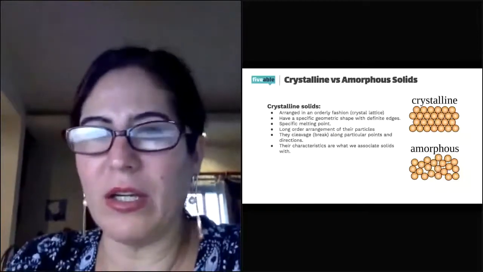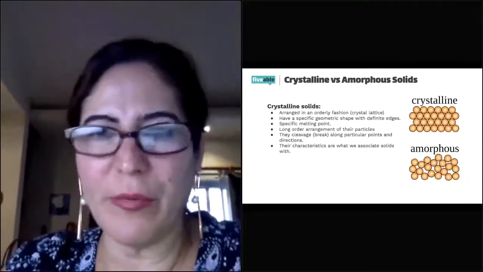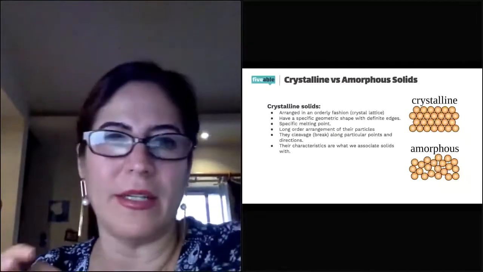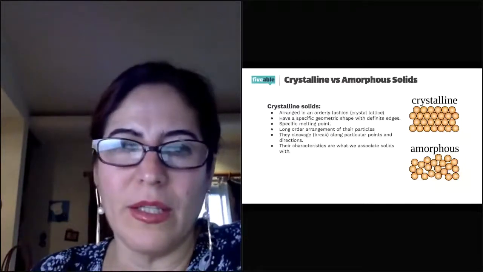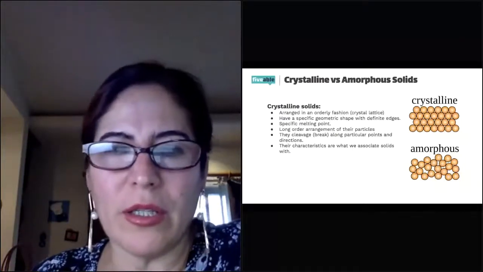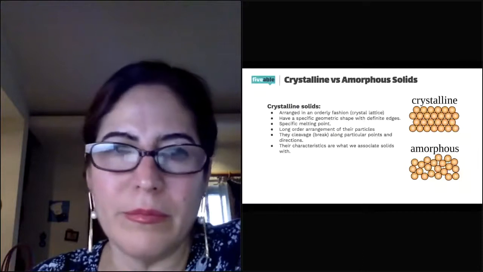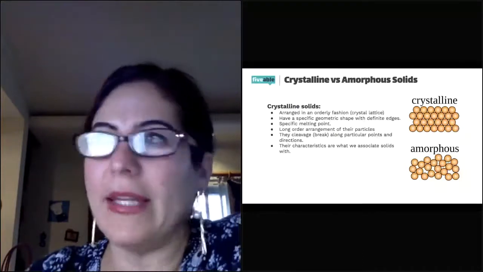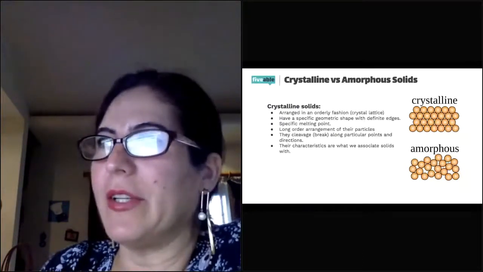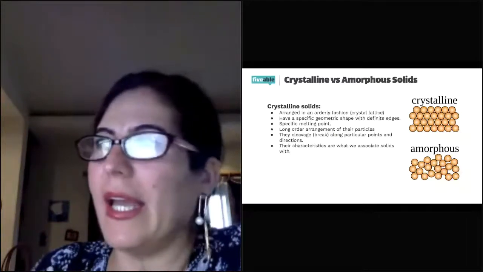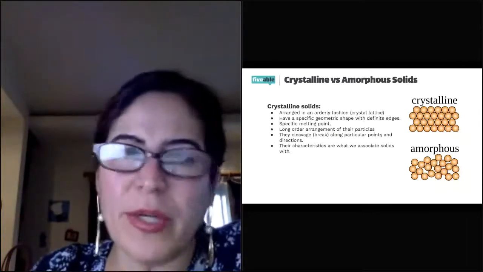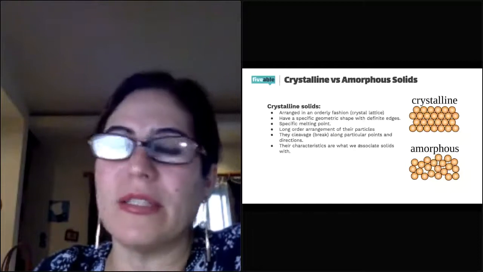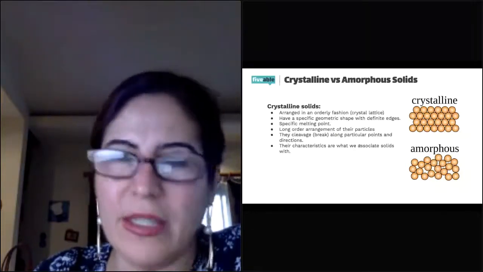They will have a long-range order arrangement of particles. What does that mean? That their structure will go on and on and on with the same particularity. And they break or cleave along particular points. And when we think of solids, we're actually thinking of the characteristics of crystalline solids.